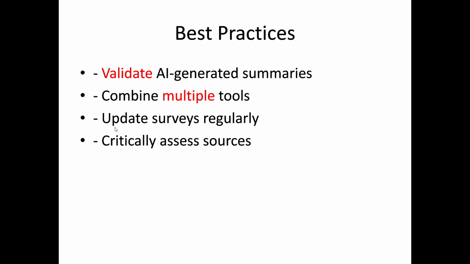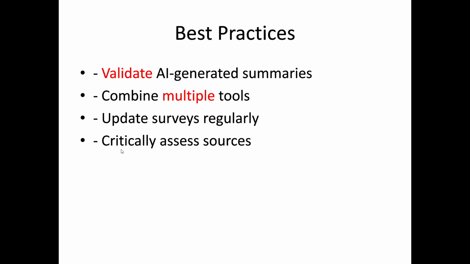And also you can update the surveys regularly. Okay, because it is based on the training data of the AI machine learning models. Okay, so you typically will get old data. Okay, when the new data come out, and then they get trained, then you can get different results.